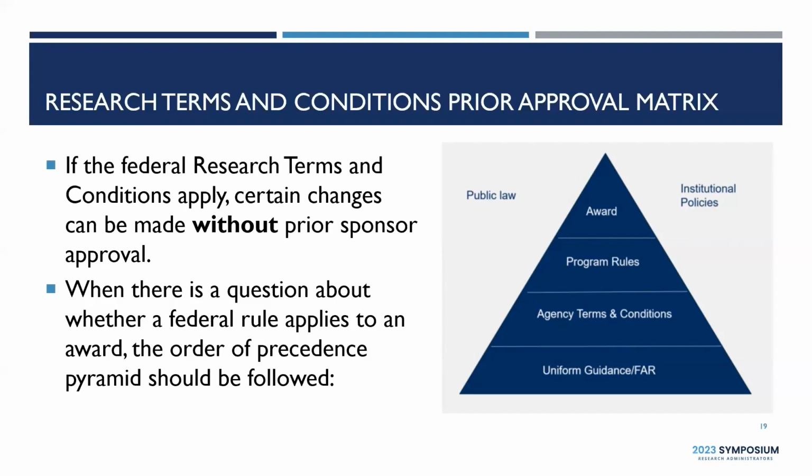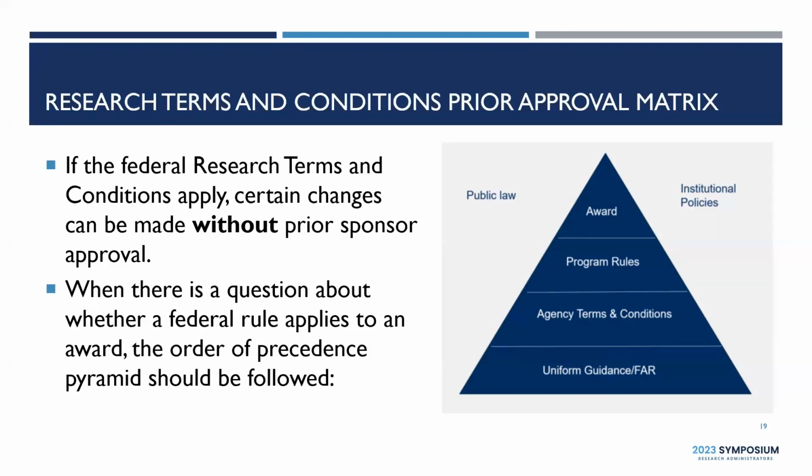Like we said, there are some things you can do without prior sponsor approval if the research terms and conditions apply. If you're not sure what applies, this is a good order of precedence pyramid that you can look at. You're going to start with the uniform guidance. If you've got a federal contract, you'll start with the FAR.